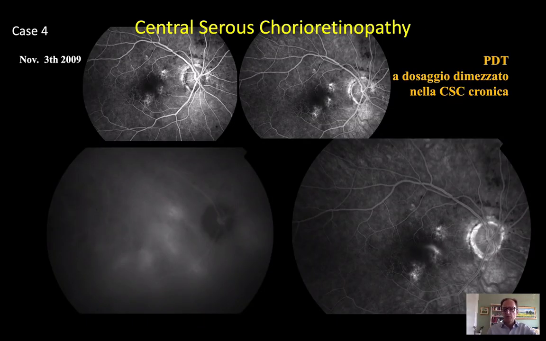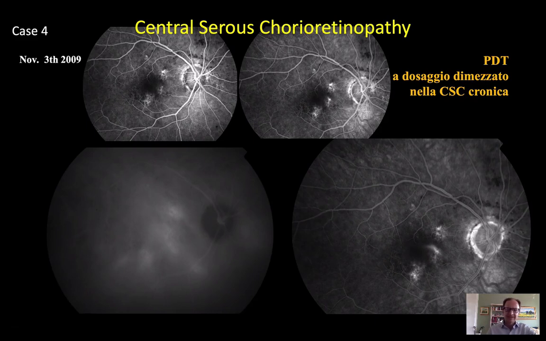We performed the fluorescein angiography and indocyanine green angiography, and fluorescein angiography showed an RPE decompensation, multiple areas of RPE disease, and in one of these there was a very well defined leaking point. However, indocyanine green angiography showed multiple areas of hyperpermeability of the choroid.